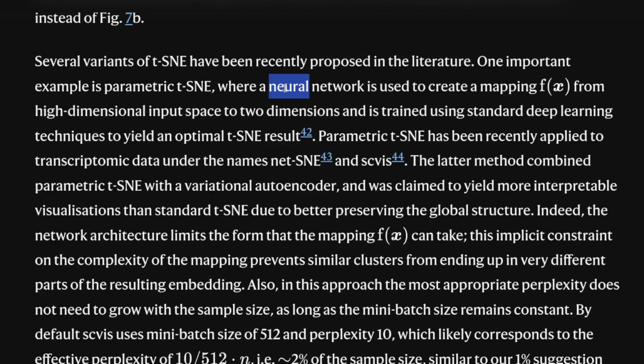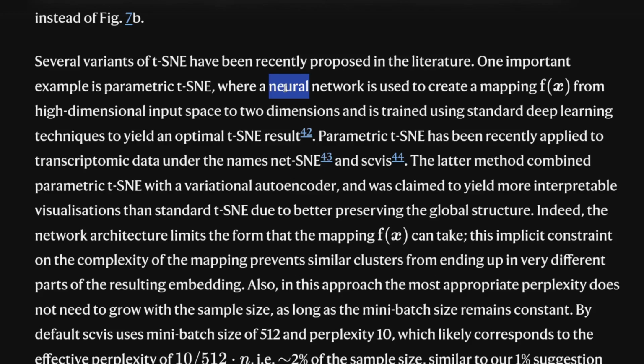Parametric t-SNE has been recently applied to transcriptomic data under the names net-SNE 43 and SQuISH 44. The latter method combined parametric t-SNE with a variational autoencoder and was claimed to yield more interpretable visualizations than standard t-SNE due to better preserving the global structure.